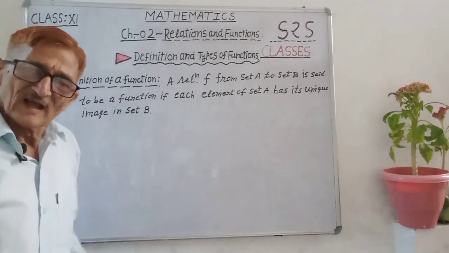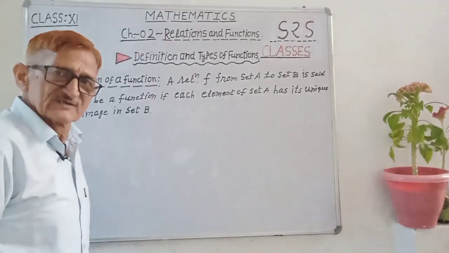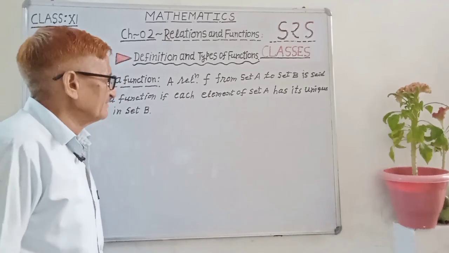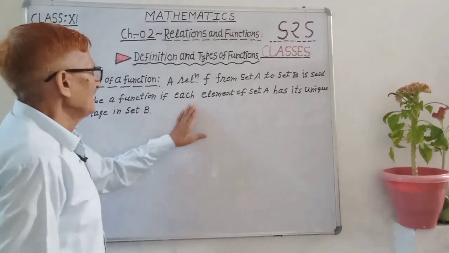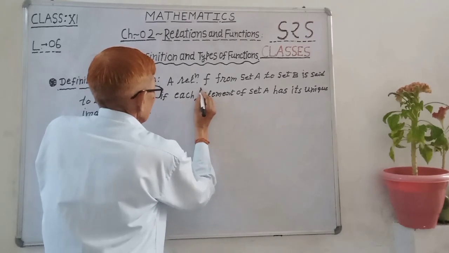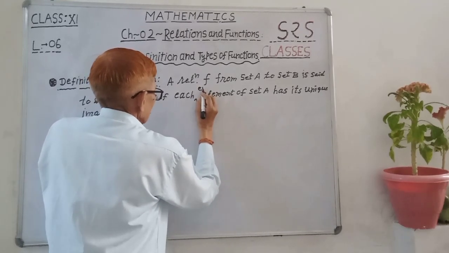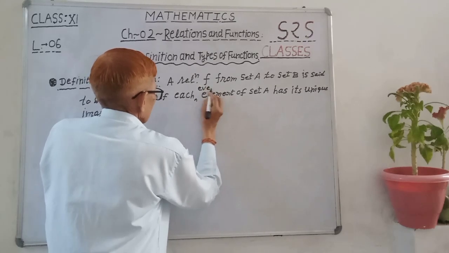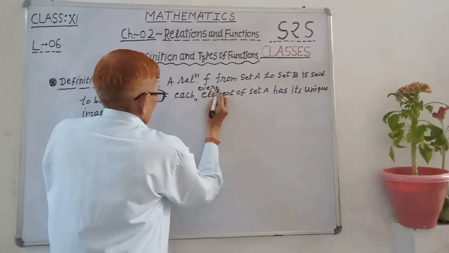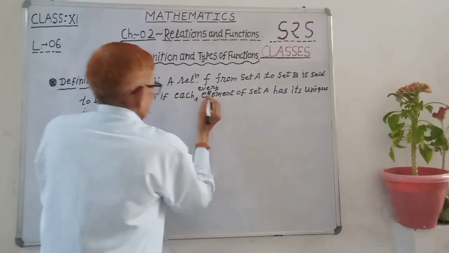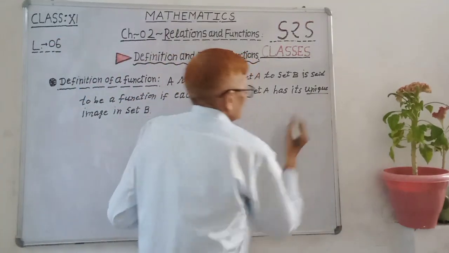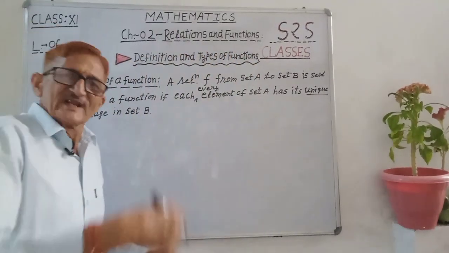Okay, I told you, you can write an example also. Means the association is unique for each and every element of set A. Unique image means one and only one.